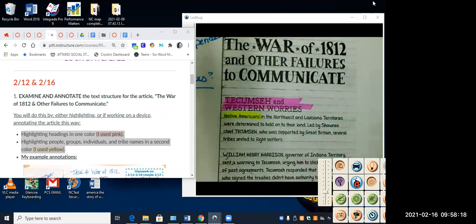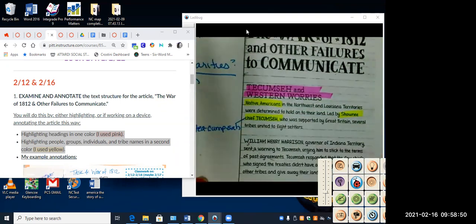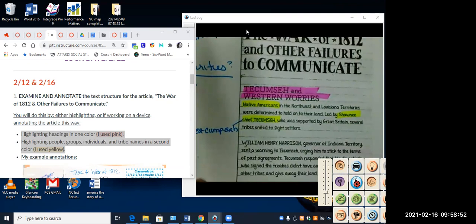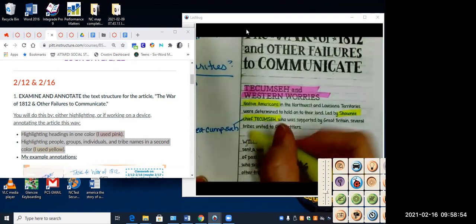Yeah, Shawnee. That's pretty good. And that is a tribe. And then the chief was, his name's Tecumseh. Yep. Oh, William Henry Harrison. Okay, yep, we could do William Henry Harrison.